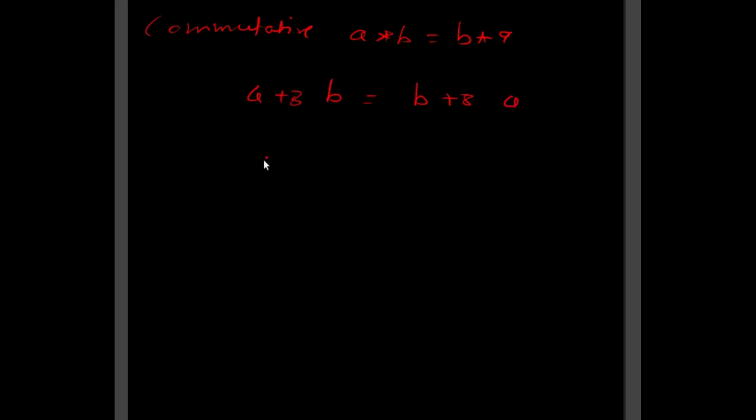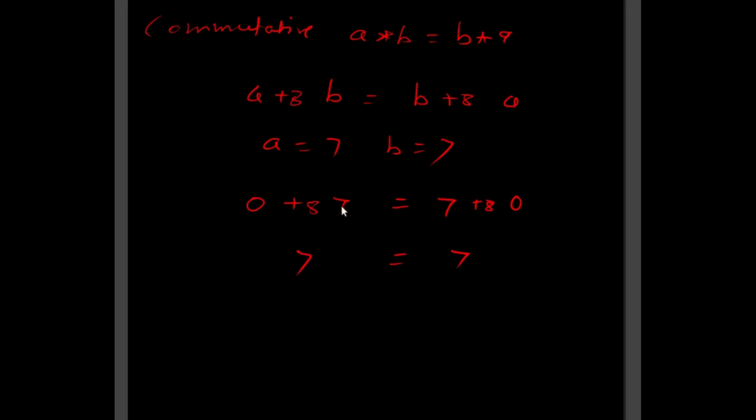Now let us take an example. Let us say A equals 0, B equals 7. So 0 plus 8 7 is equal to 7 plus 8 0. 0 plus 7 is 7, 7 mod 8 is 7.